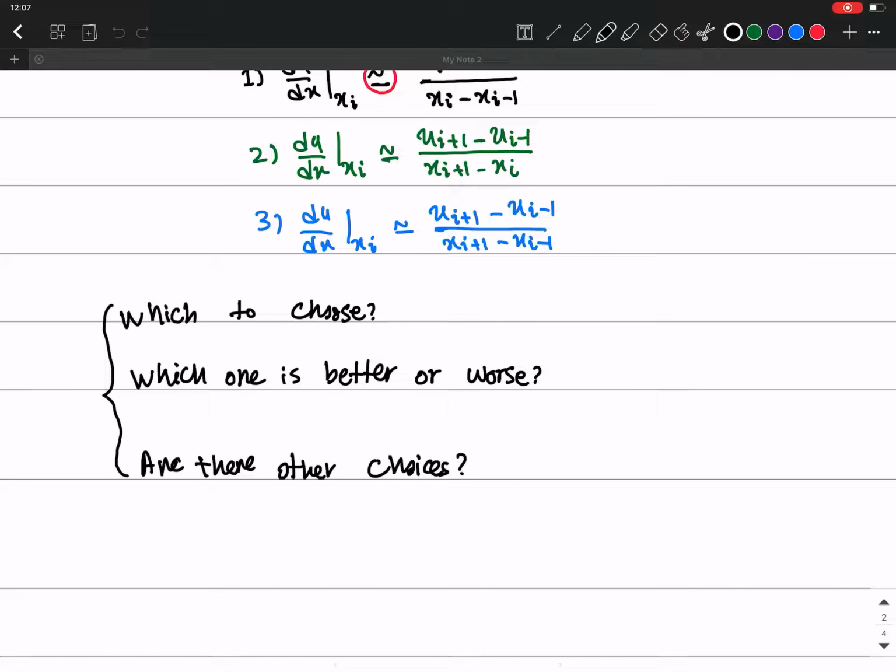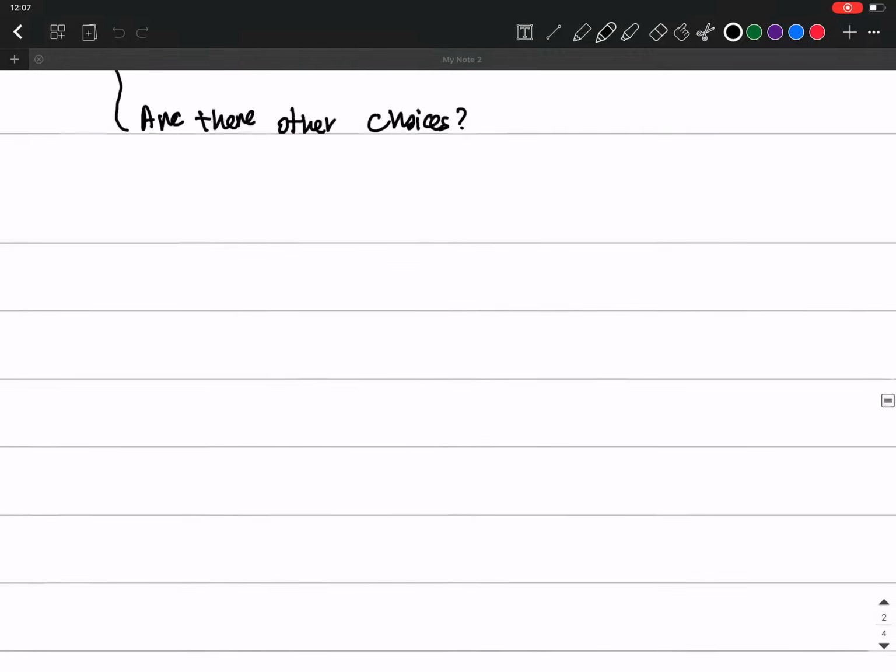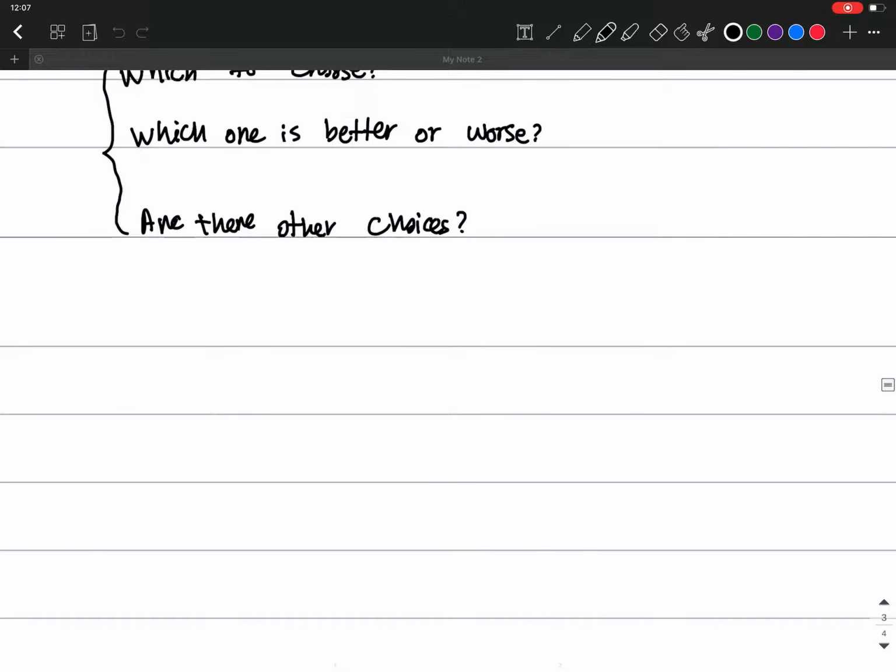Okay, so now let's do another example, for approximating these derivatives and see how we can do that.